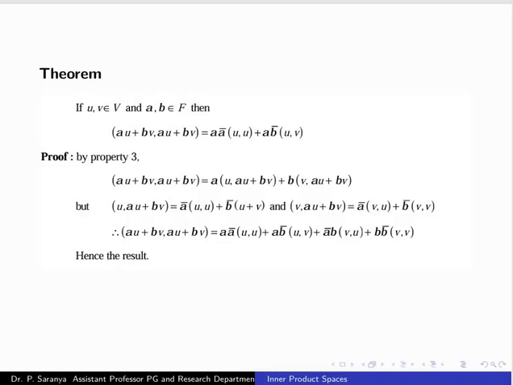Therefore, the inner product of (au + bv, au + bv) equals a a-conjugate (u, u) plus a b-conjugate (u, v) plus a-conjugate b (v, u) plus b b-conjugate (v, v). Hence the result.